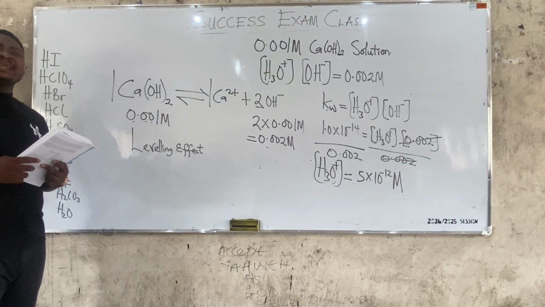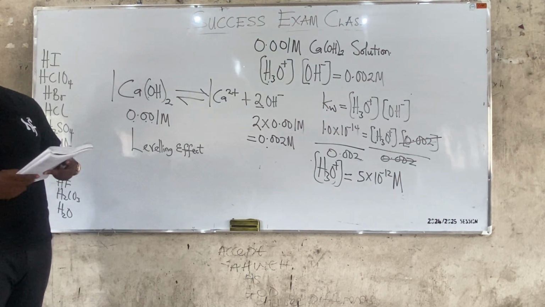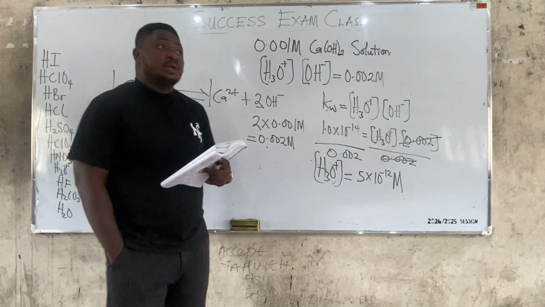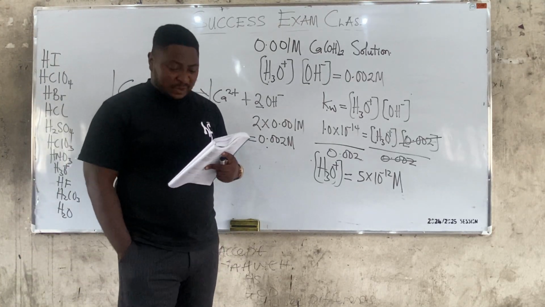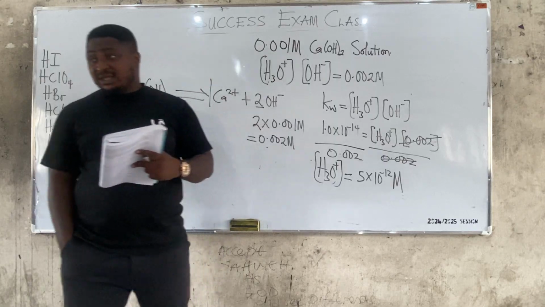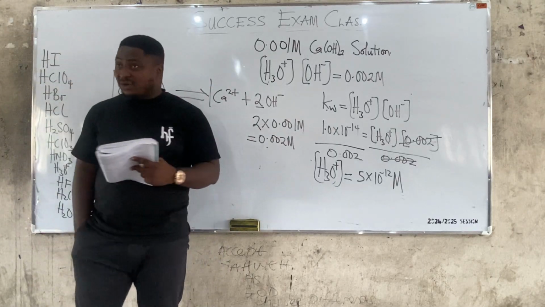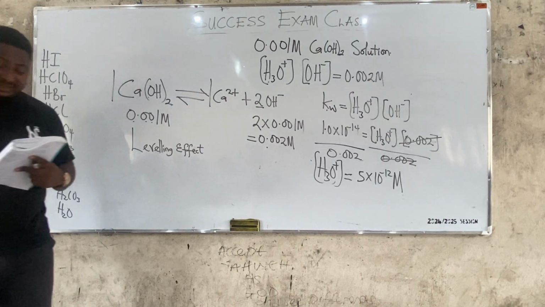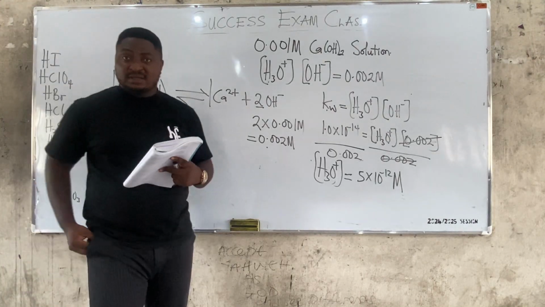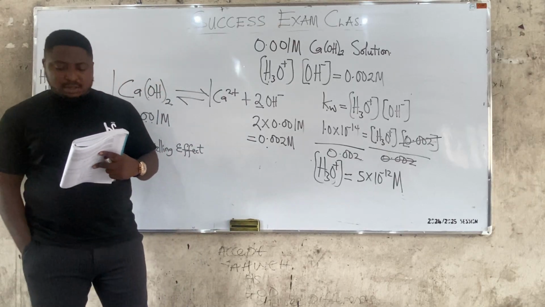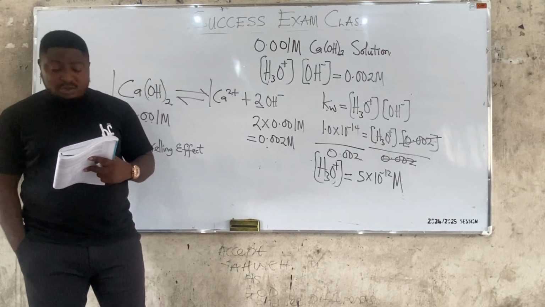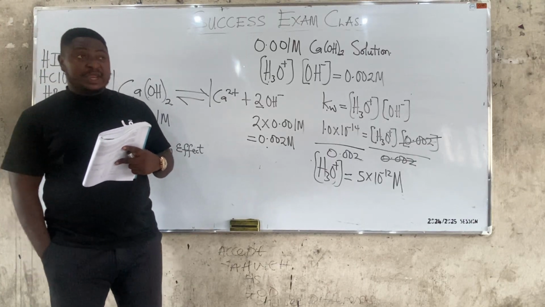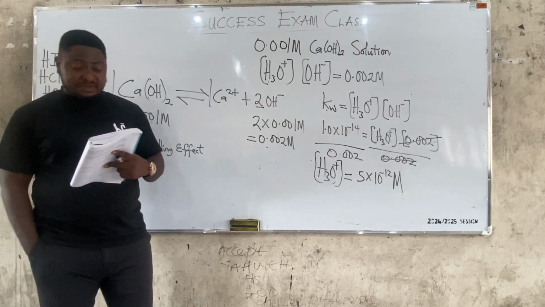When talking about acid and conjugate base and base and conjugate acid, I want you to note something. Quickly, write down notes. The stronger an acid, the weaker its conjugate base. And the weaker an acid, the stronger its conjugate base.